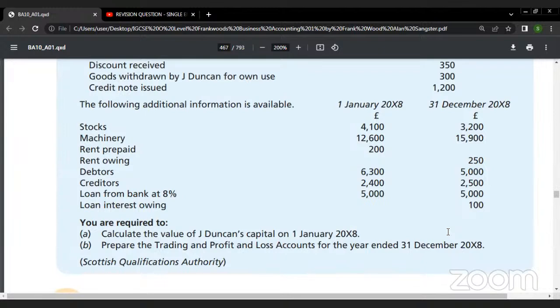So they want you to come up with Duncan's statement of profit and loss for the year ending 31st December 2008. Let us see how we can come up with this. The good thing, most of our information is direct, so we can see how we can come up with a statement of profit and loss for Duncan.